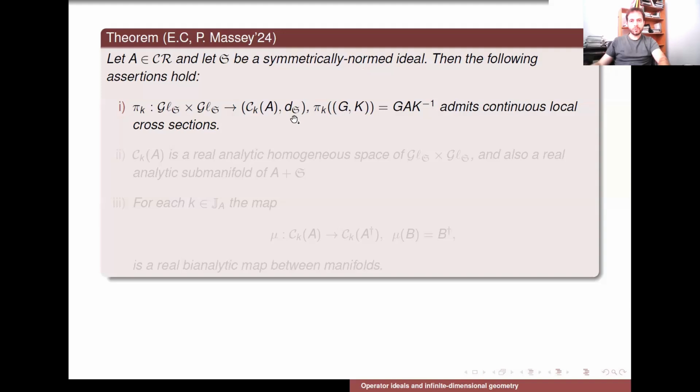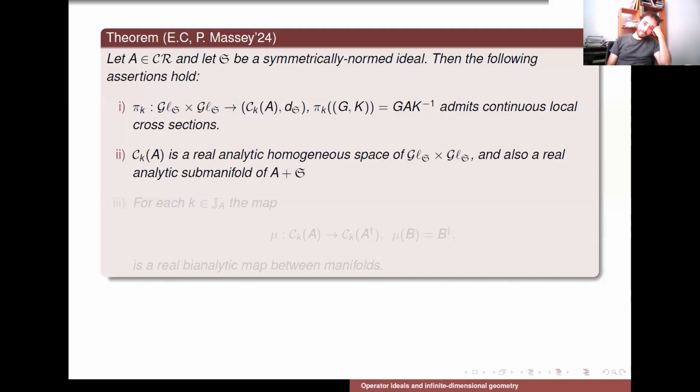We don't have to put such a metric here because in these orbits given by restricted groups, the index is a sufficient tool to control the continuity of the Moore-Penrose inverse.